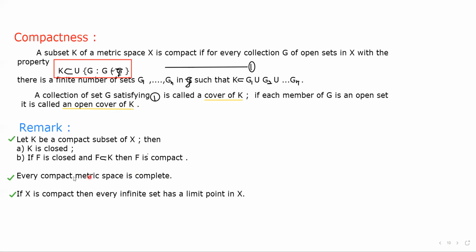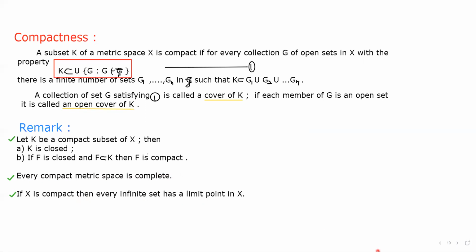And third one is if X is compact, then every infinite set has a limit point in X.